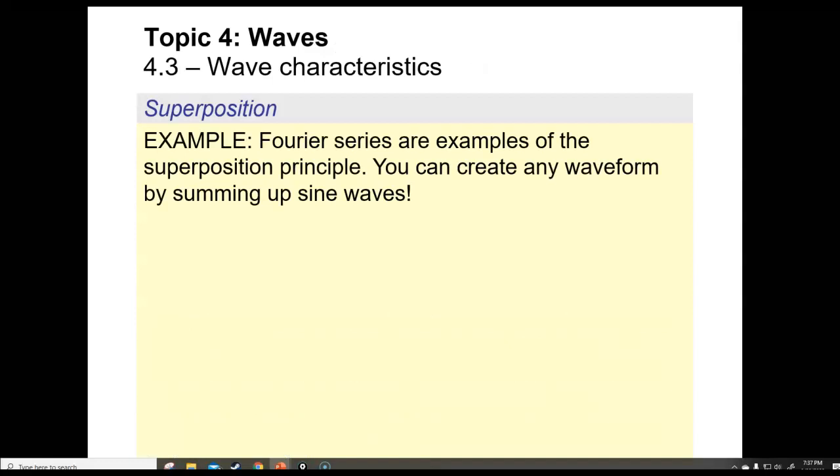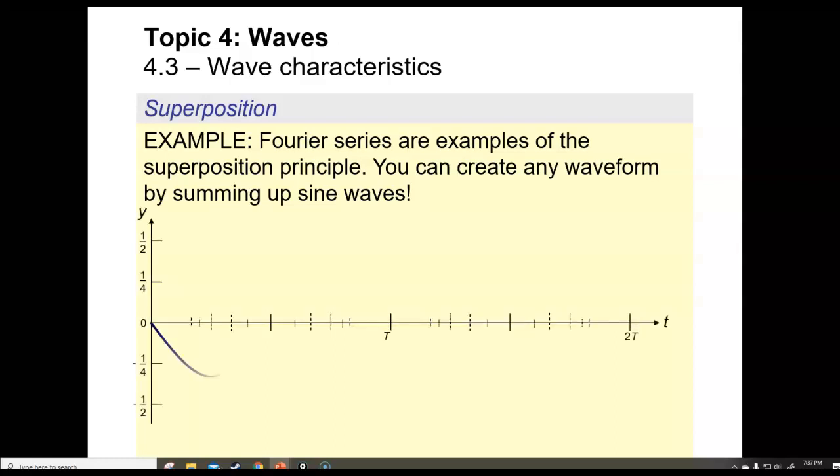And just to tease you, if you're ever going into science or engineering, you'll learn about what's called Fourier series. The idea of a Fourier series is you can take any function you want and express it in terms of an infinite number of sine or cosine waves.